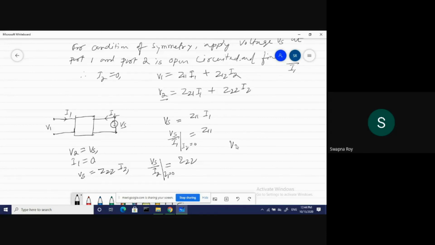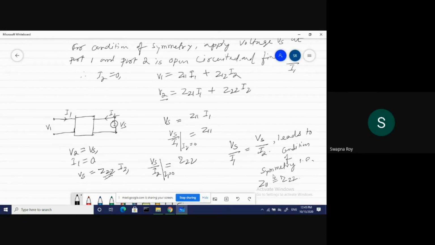So Vs by I1 is equal to Vs by I2, which leads to the condition of symmetry, that is Z11 is equal to Z22. So the condition of symmetry is Z11 is equal to Z22.